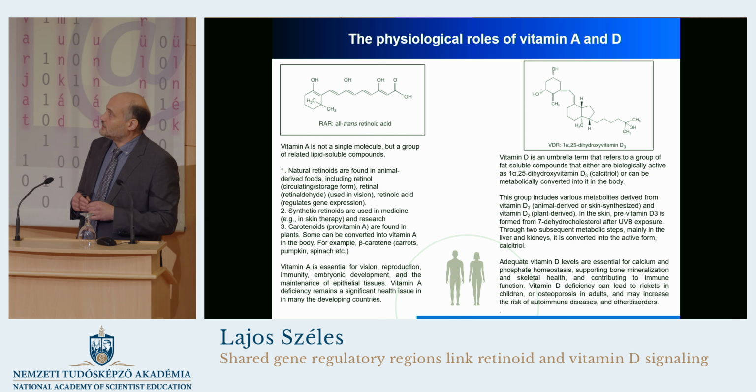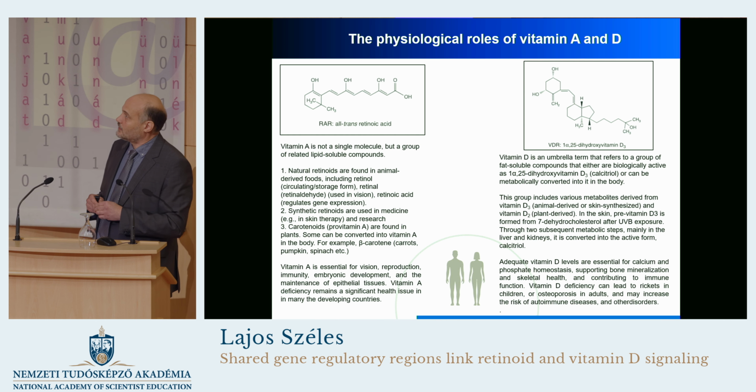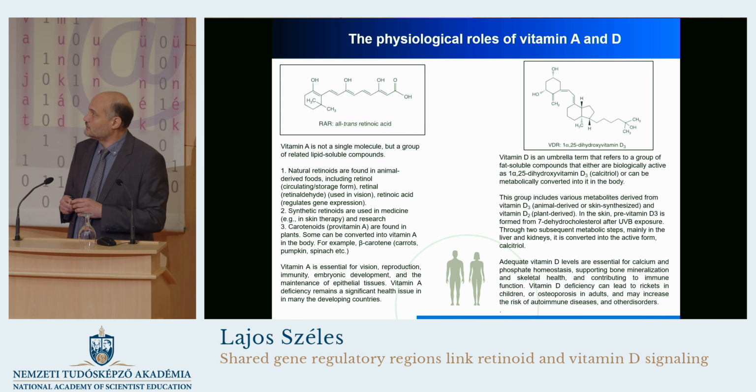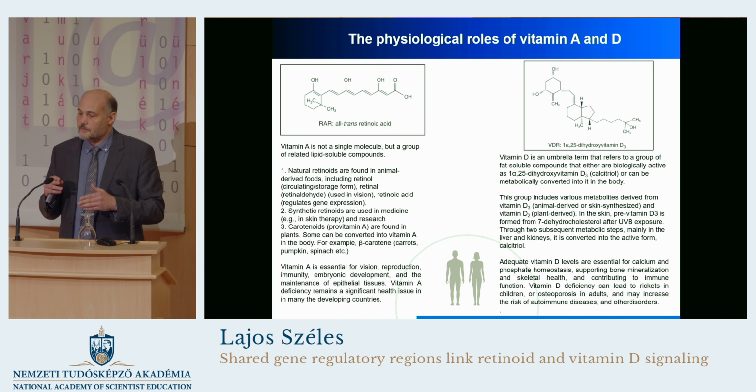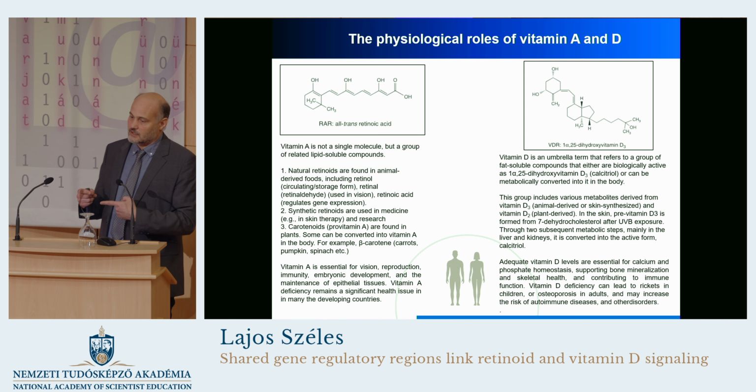Adequate vitamin D levels are essential for calcium and phosphate homeostasis, supporting bone mineralization, and it turned out that vitamin D is also essential for immune functions. In many cases, vitamin D can increase the level of proteins which are essential for antimicrobial defense.